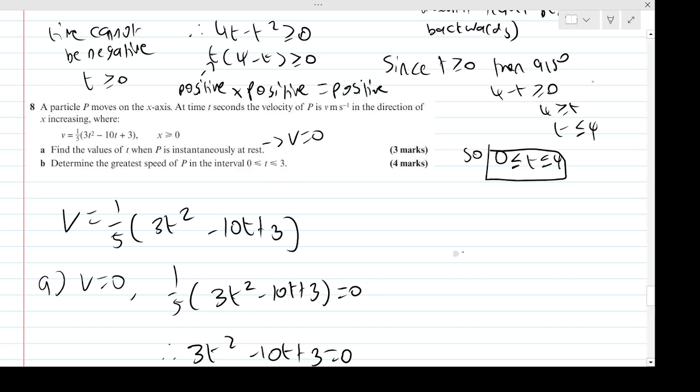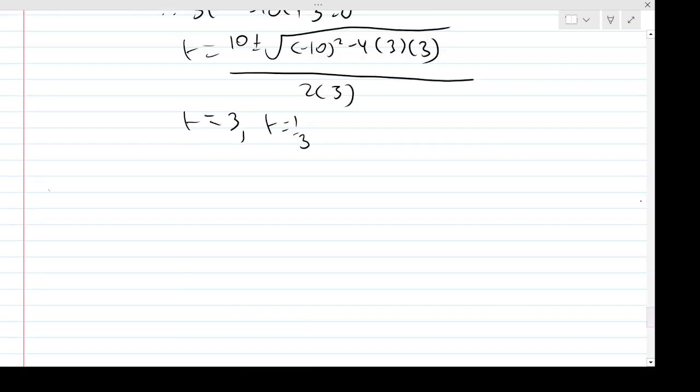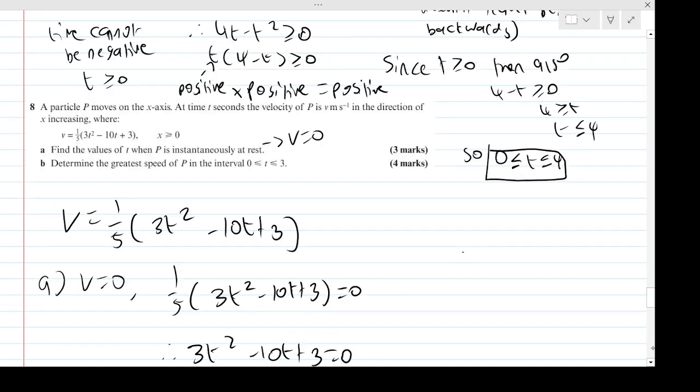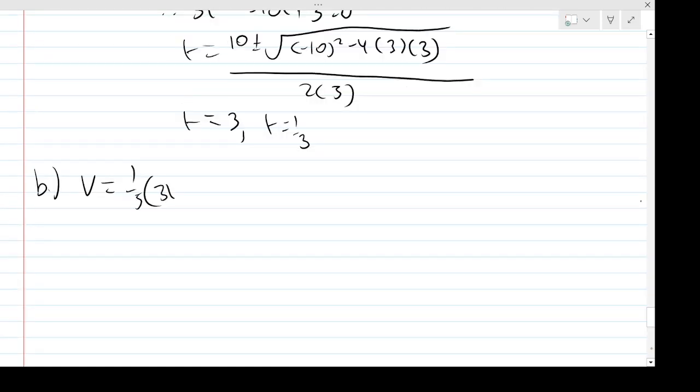So if I just restate down here, again, the function is v is a fifth of 3t squared minus 10t add 3. And it wants the max speed, the speed between 0 and 3.